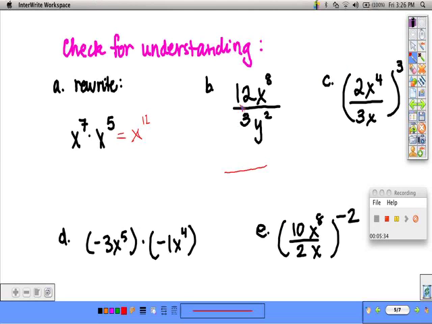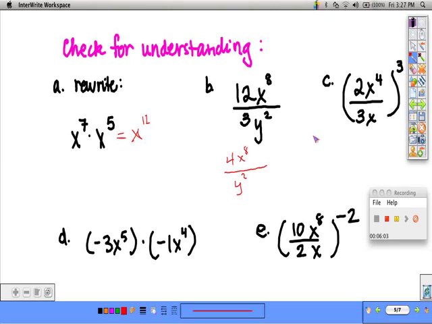Can we reduce 12 thirds? 12 thirds reduces to 4 over 1. And then we look at the variables. We have x's on the top, but no x's on the bottom to combine with. So we have x to the 8th. We have y's on the bottom, but no y's anywhere else to combine with, so it stays y squared.